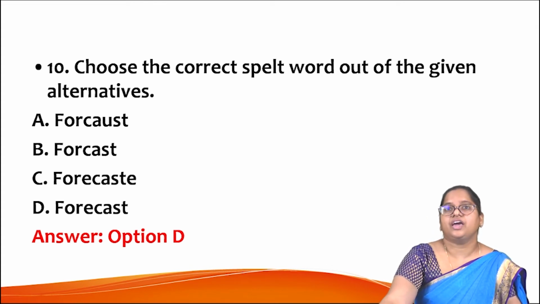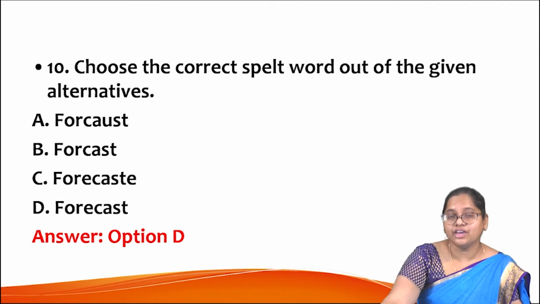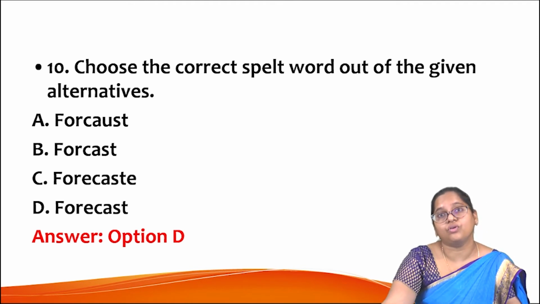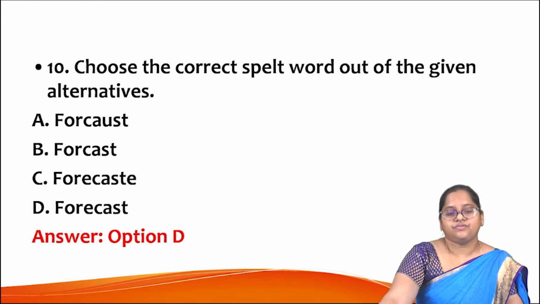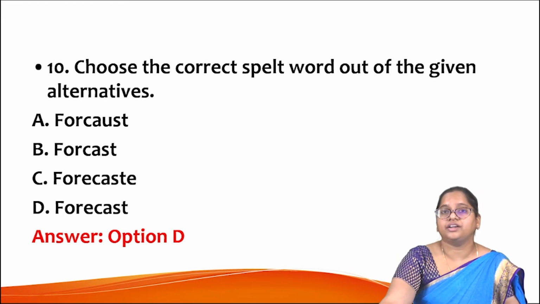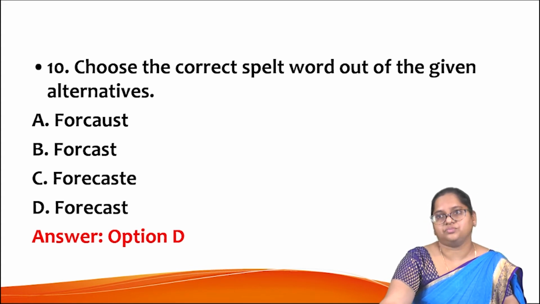You don't say forcaust. So option D is the right one. Forecast is the right spelling.